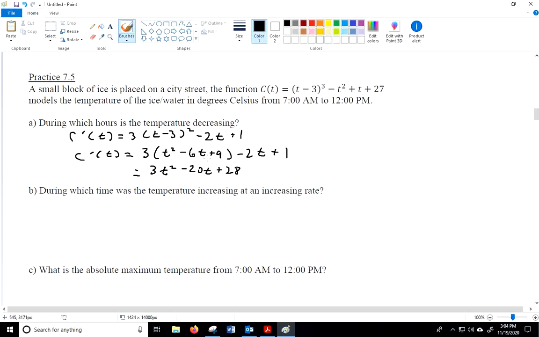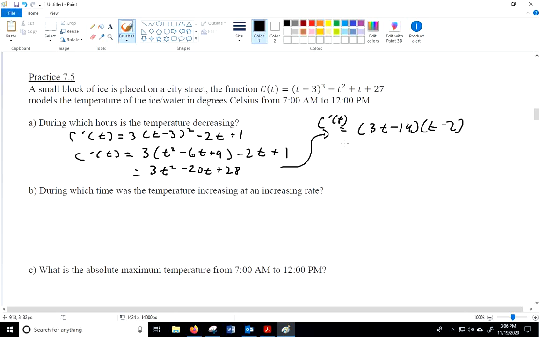Now, I'm not sure if this is factorable or not, but we could try. Let's see here. Let me bring that over here. We can factor that as, so this is c prime of t again, and I get 3t minus 14 and t minus 2.